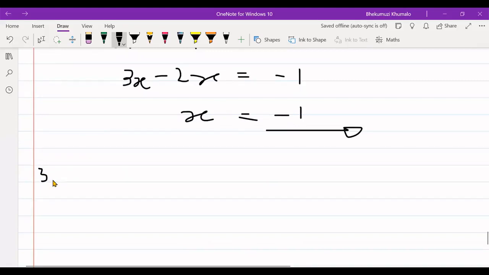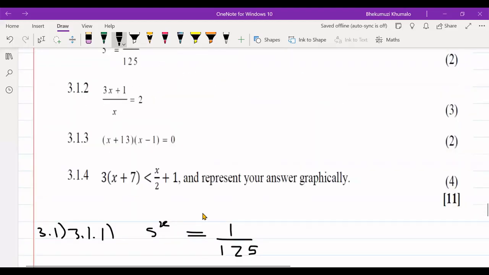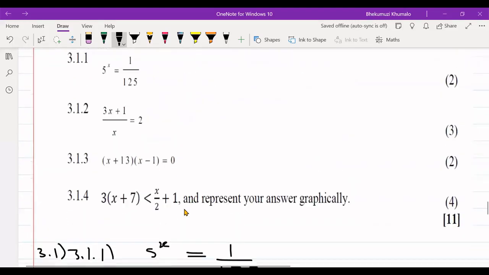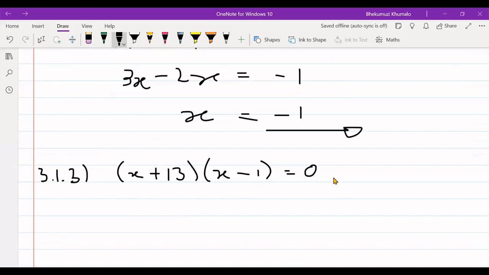And now we have 3.1.3. Now 3.1.3, we have basically (x + 13)(x - 1). Yes, I know that most times whenever you are working with two brackets, you want to get rid of the brackets.